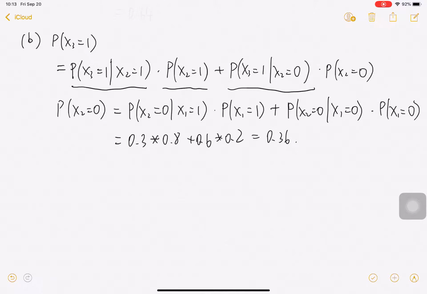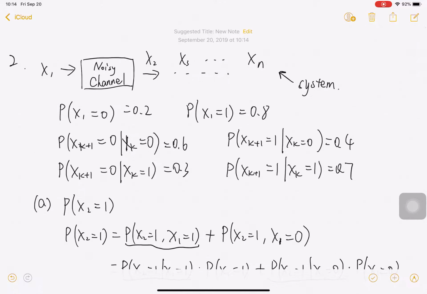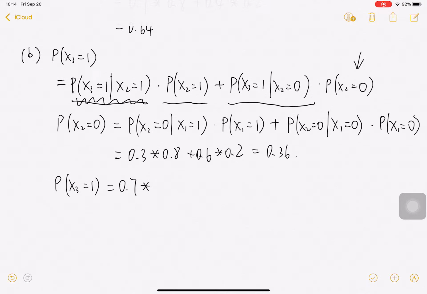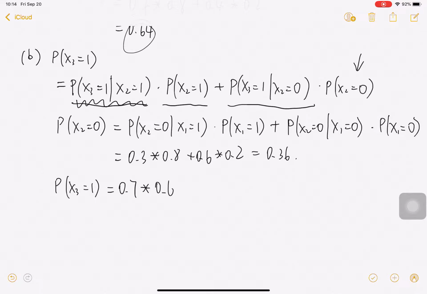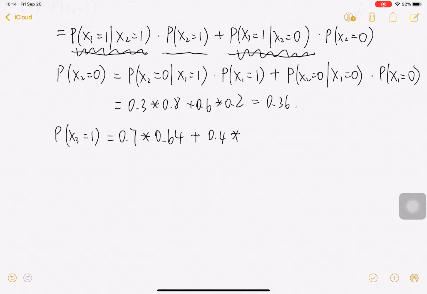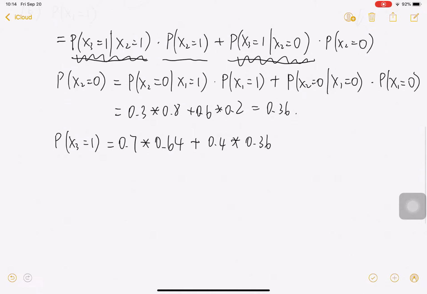And then we have all the probabilities in this equation, so we can get the answer to question B. The probability of x3 equals 1 equals, for xk plus 1 equals 1 given xk equals 1, 0.7 times the probability of x2 equals 1, which is the answer right here, 0.64, plus, for xk plus 1 equals 1 given xk equals 0, 0.4 times the probability of x2 equals 0, which is 0.36 as we just calculated.